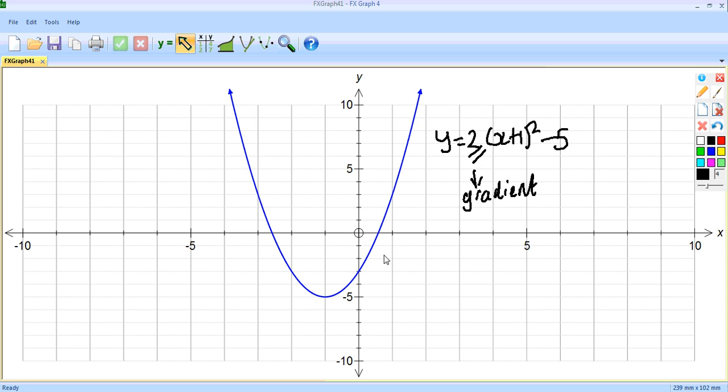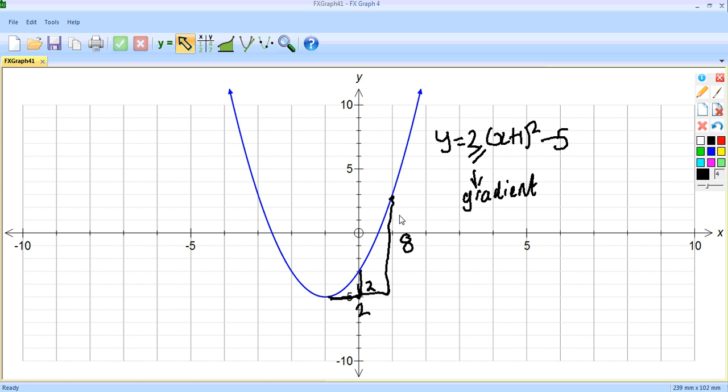What else did it do? Well, if you look across here, how does it make it steeper? It goes across 1. We expect it to go up 1 with a normal one, but it's actually gone all the way up to 2, twice as big. And again, from the vertex, if we go across 2, we expect it to go up 4, but we've actually gone up 8.